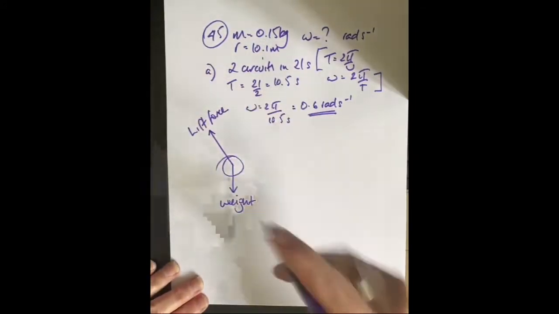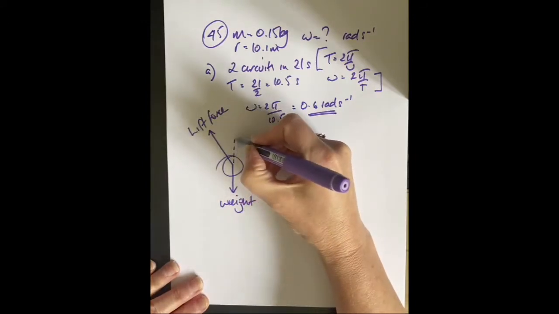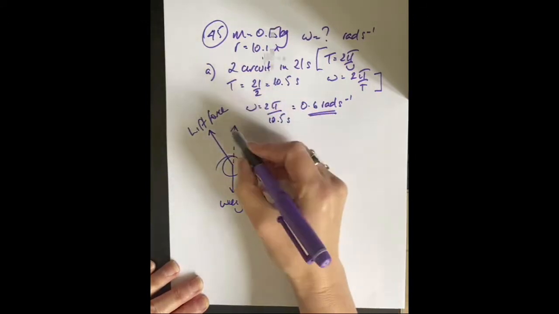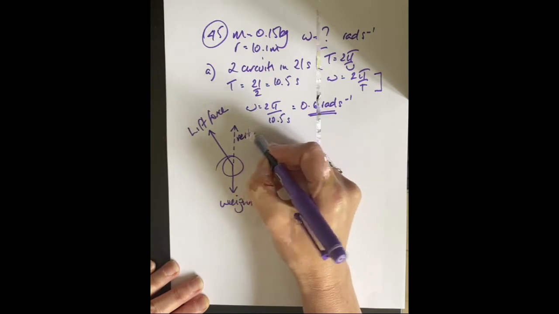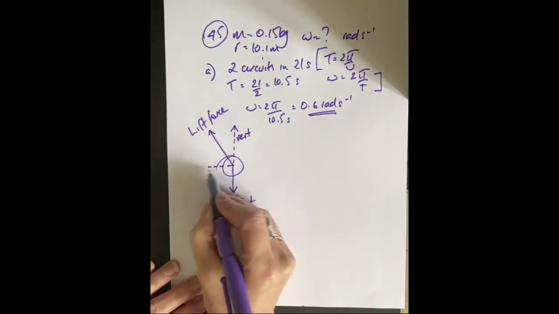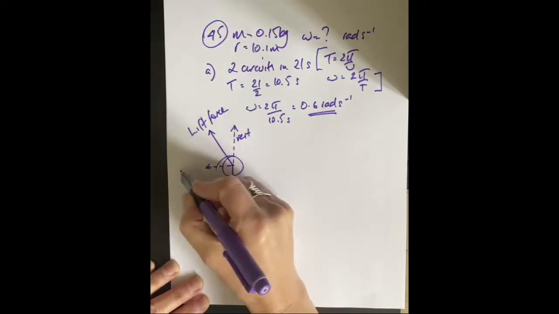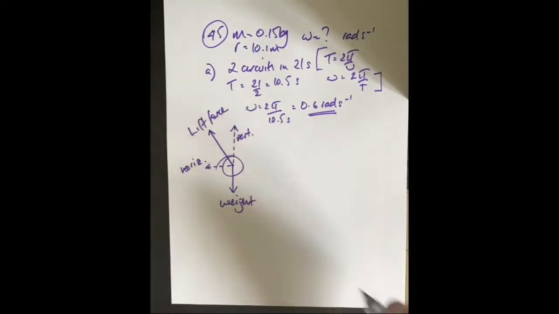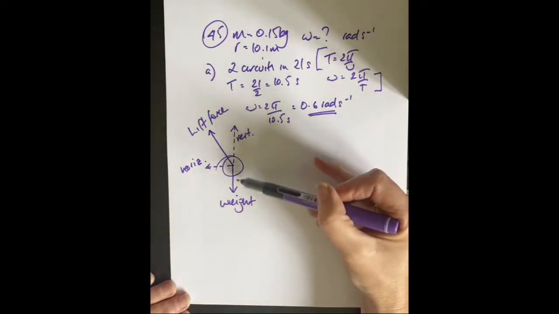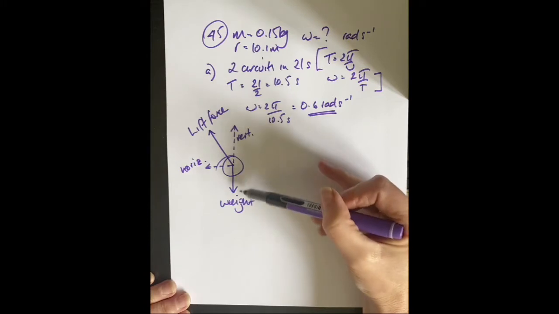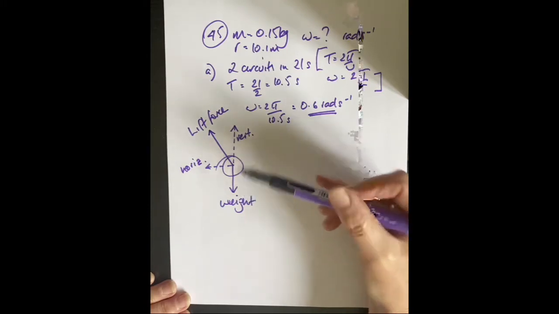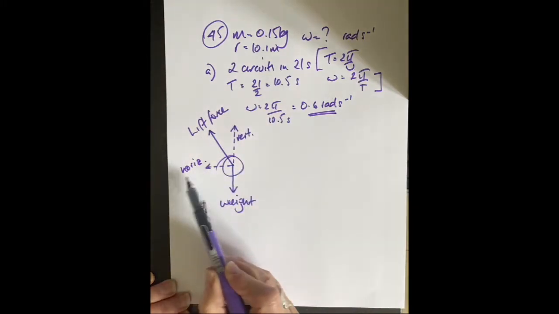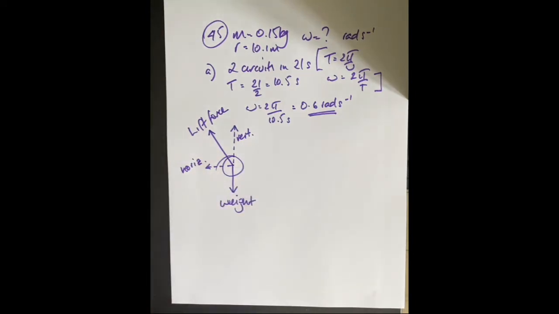Let me put it on this proper diagram. So here's our vertical component, and here is going to be our horizontal component. All right, we've got no theta there, but what we do know, remember, is that the vertical component is balanced by the weight, and that the horizontal component, of course, is making up the centripetal force, right?